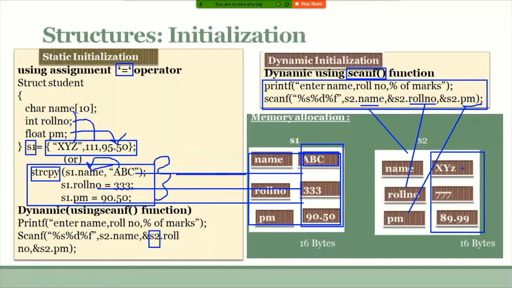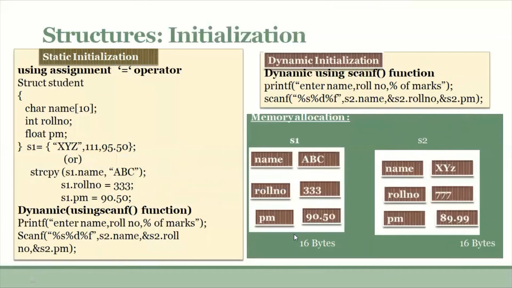This XYZ, 777 can be changed during program execution only, not fixed, and can be varied. That is the main advantage of dynamic initialization. Previously, 16 bytes of memory were allocated for S1 and S2. Now that 16 bytes is separated into 10 bytes, 2 bytes, and 4 bytes according to the data type sizes. That is about structure initialization, static as well as dynamic.